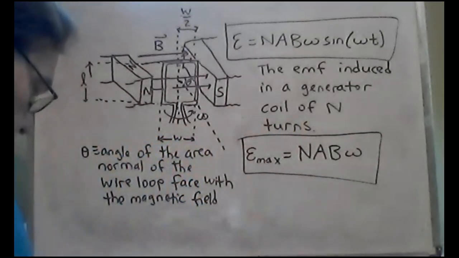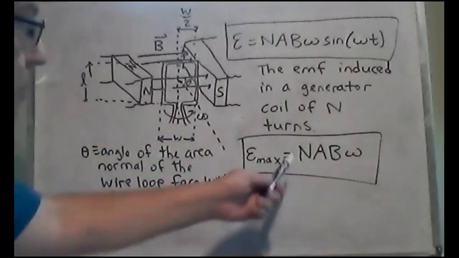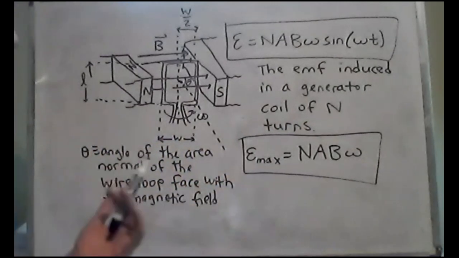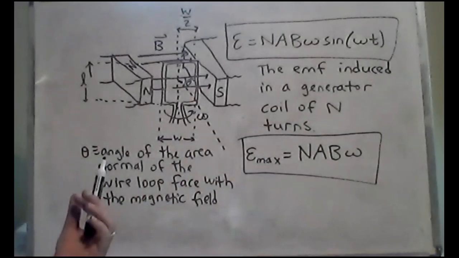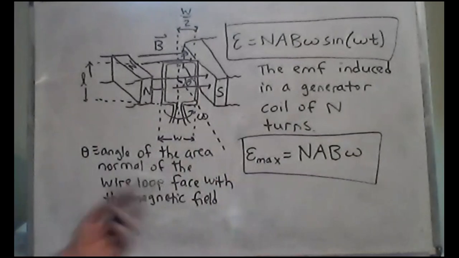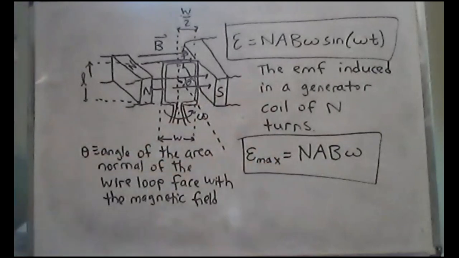Okay, so does this make sense? Well, if one loop contributes a certain amount, N wires are going to contribute more. So clearly, epsilon max should depend on N. More wires, the greater the induced EMF. The area makes sense too.